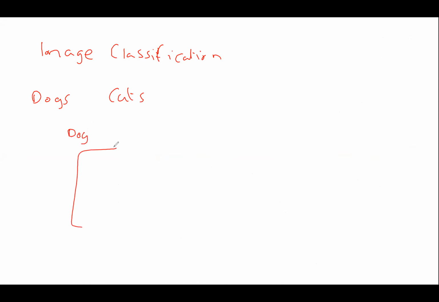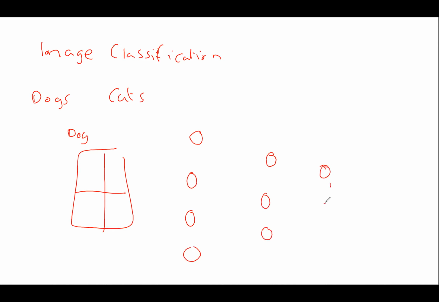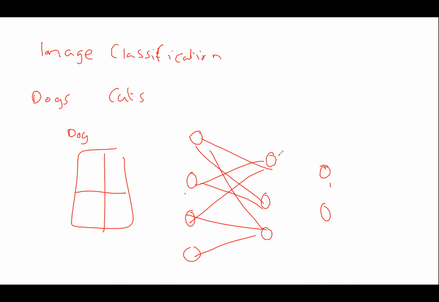Let's say I have only 4 pixels, a 2x2 image. Let's say I use a CNN, or since it's 2x2, I'll just directly use a fully connected network. I have one hidden layer, and this is my output layer. So I connect these things. Yeah, everything is connected to everything.